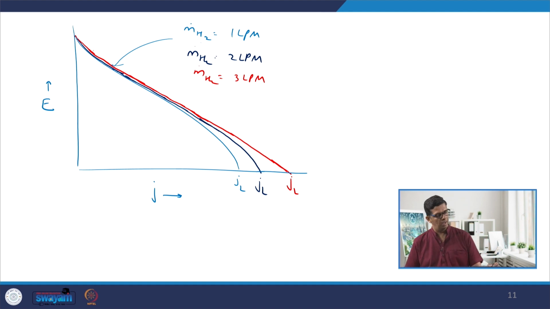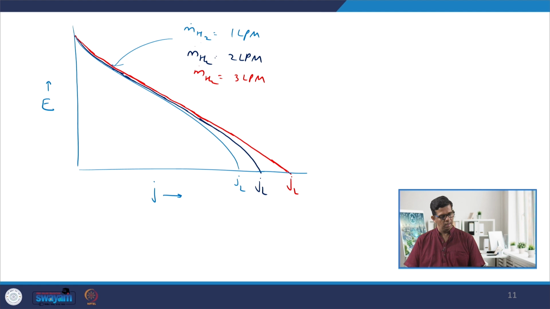For example, we have activation overpotential, that is the resistance offered by the catalyst layer itself. Then we also have the ohmic overpotential zone in the second phase. So, even if we supply more and more fuel, in the first place we will also be losing fuel efficiency, as we have discussed in the previous sessions.